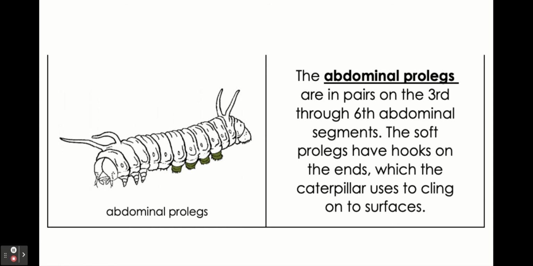And these hooks help the caterpillar cling onto surfaces. So as it's growing, as it's moving, as it's climbing, these are able to help the caterpillar grab on instead of falling down, right? So these are the prolegs. We have the true legs and then the prolegs.